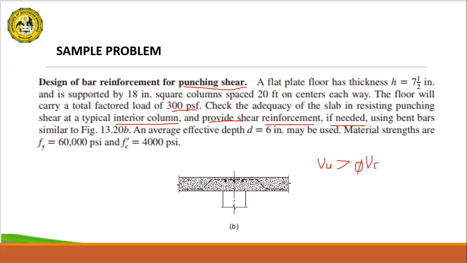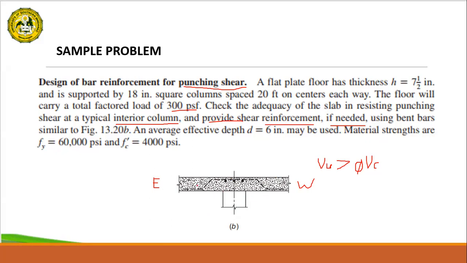So meron tayo ditong bent bars, no, ito. So sa direction, let's say this is the east-west direction because we are looking at the elevation, no? Ito yung ating column and this is our slab, no? So this is the east-west direction of the slab, and of course we also have the north-south direction of the slab.